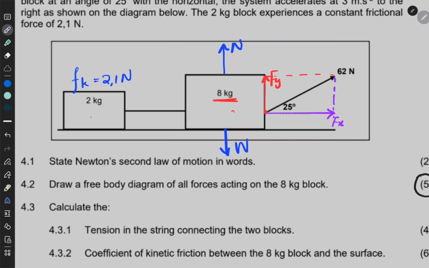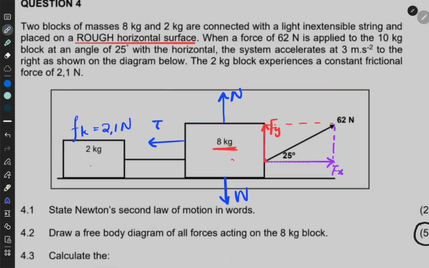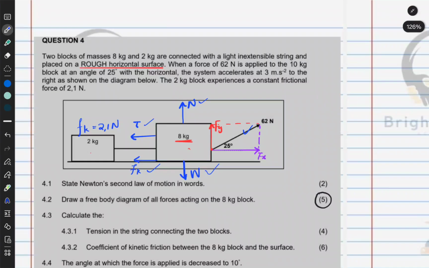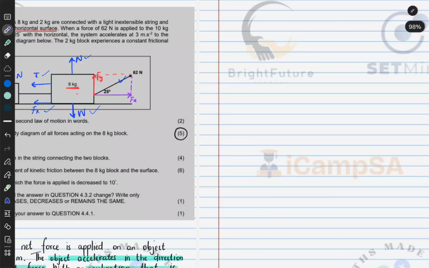And then due to the presence of this string, we will have tension there. And then since this block is moving that way, and it's on a rough horizontal surface, we will also have friction, Fk, going in the opposite direction. Now let's count our forces. We have 1, 2, 3, 4, and 5. So you know that if you draw all these forces on your free body diagram, you will get your full 5 marks. Okay, so let's do it.